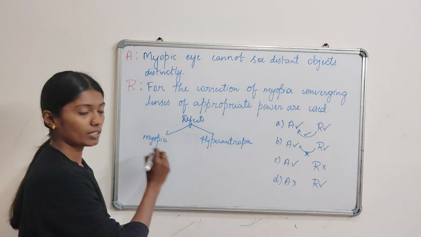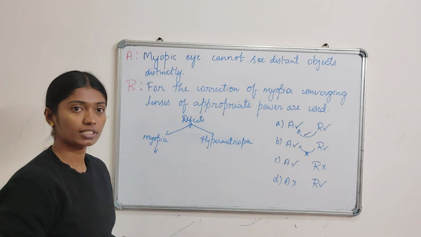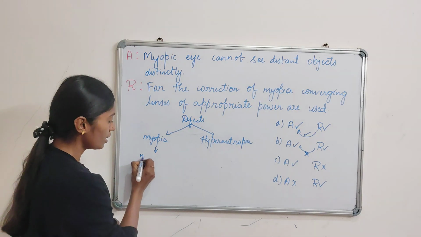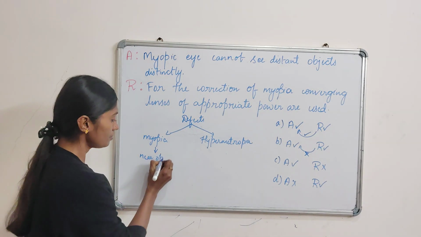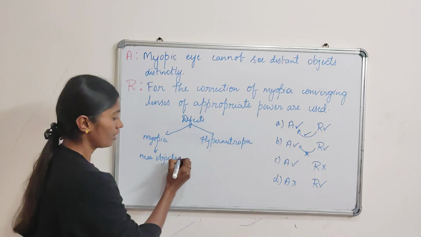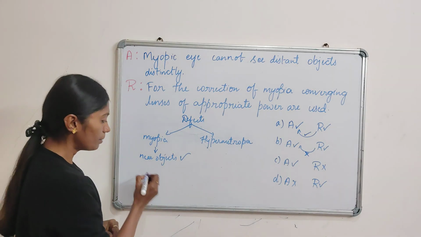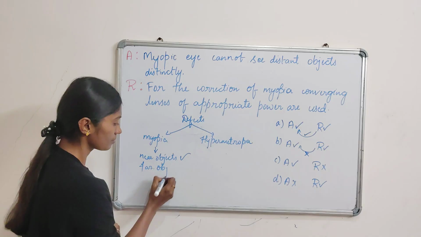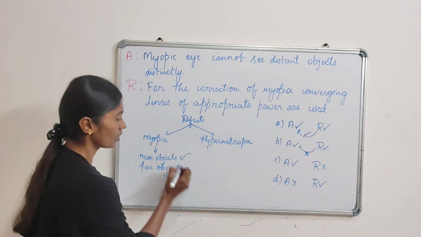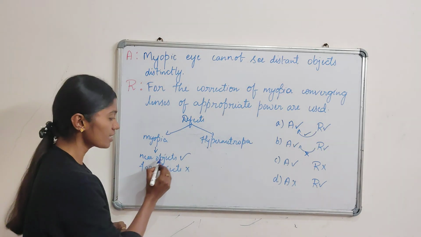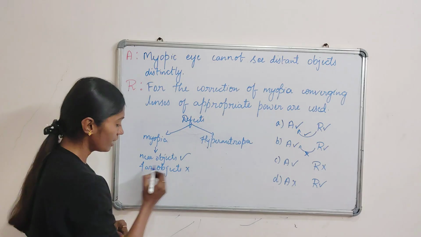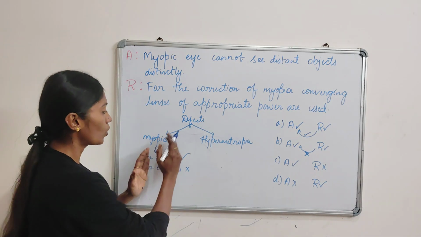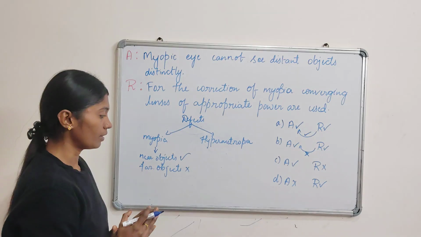We'll concentrate on myopia because the question is asked on myopia. A person can see near objects clearly, but cannot see far objects. This defect is called myopia.